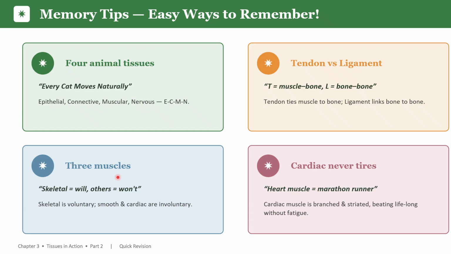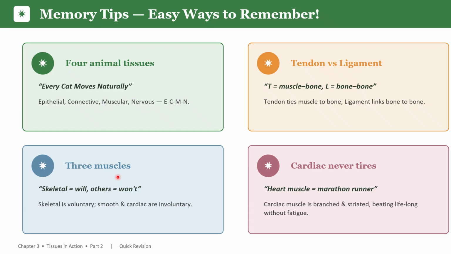So here are some memory tips, easy ways to remember. For animal tissues, I told you before, every cat moves naturally: epithelial, connective, muscular, and nervous. E, C, M, N. Tendon versus ligament: T attaches the muscles to the bone, and L, the ligament, attaches bone to bone.